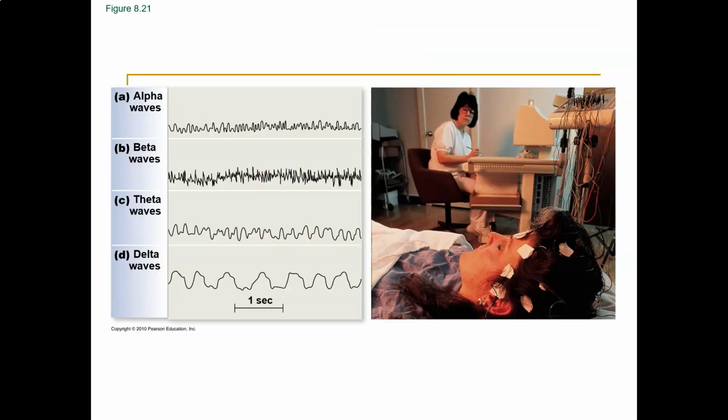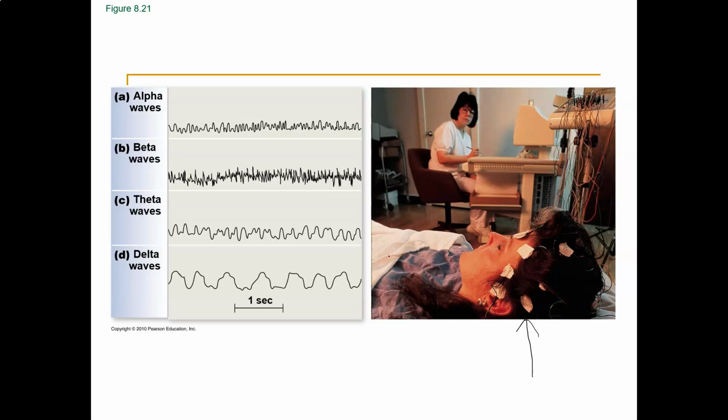And then the last topic I wanted to touch on are brain waves. So if you look at this picture, you see this patient has electrodes placed on their scalp, on their skin, and it's attached through wires to an electroencephalograph, a machine that can pick up electrical activity coming from the brain. So they also do this from the heart.